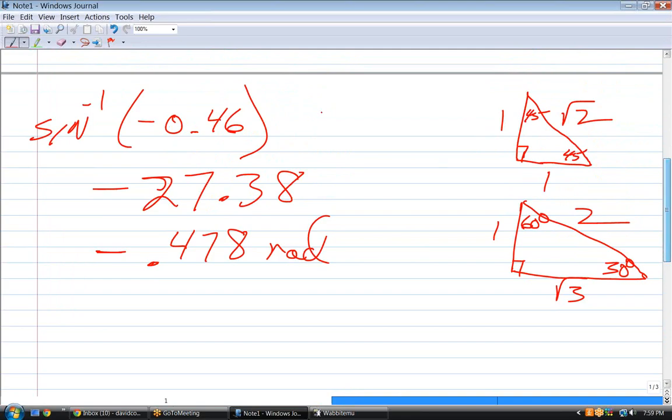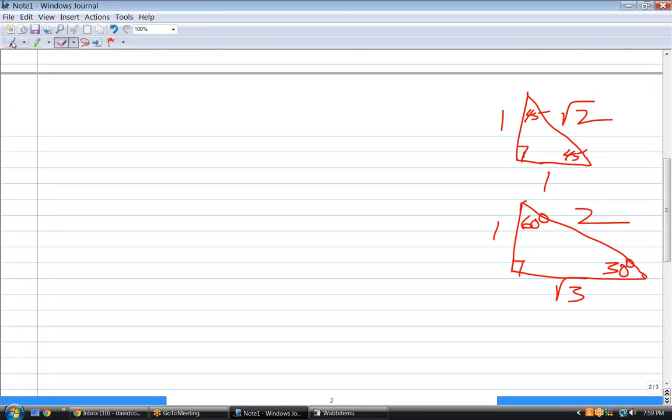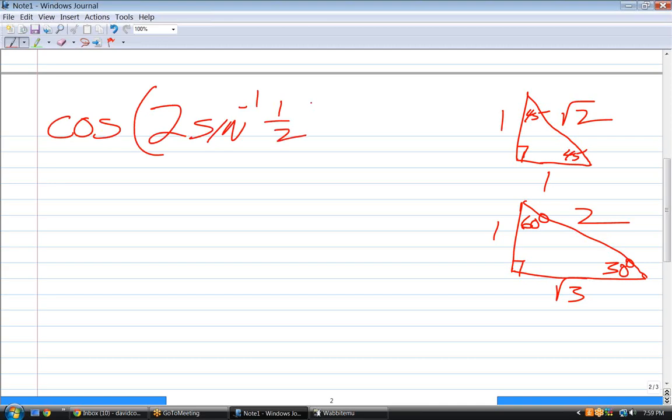So the next one is the cosine of 2 times inverse sine of 1/2. Yeah. Again, work from the inside out. What's the inverse sine of 1/2? That would be 30 degrees.